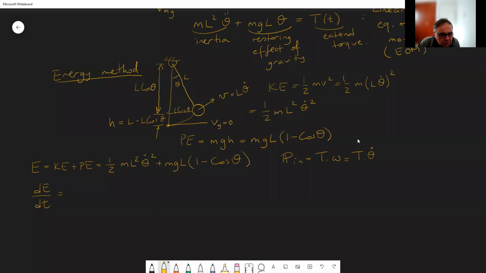We use the chain rule. 1/2 goes away, mL squared theta dot theta double dot. Now we have the mgL term. The mgL term is a constant, so its time derivative is 0. mgL cosine theta. The time derivative of minus cosine theta is sine theta, so it is mgL sine theta times theta dot.